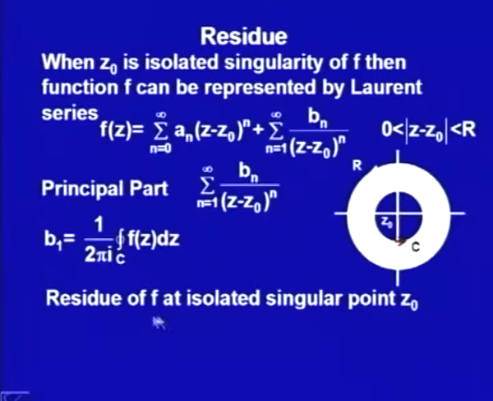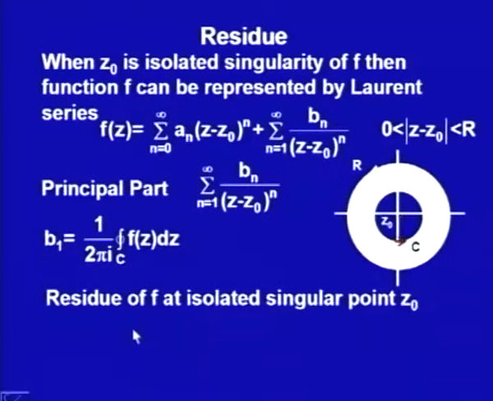So, now we are defining residue. The residue of any function f at an isolated singular point z naught is given by 1 upon 2 pi i integral along this curve C of f z dz. So, we are having that f z has an isolated singular point at z naught, then we are defining this.